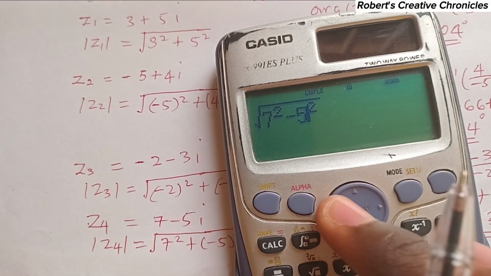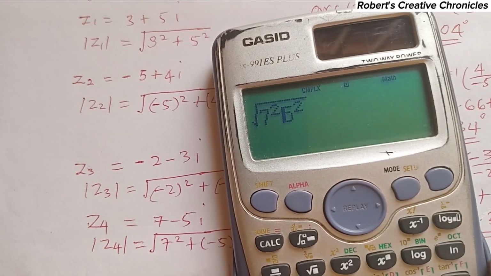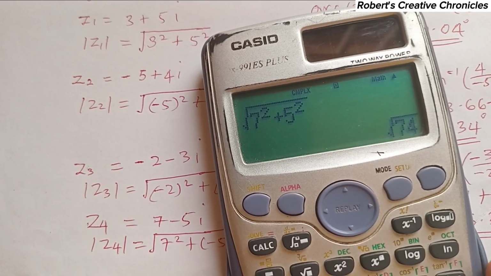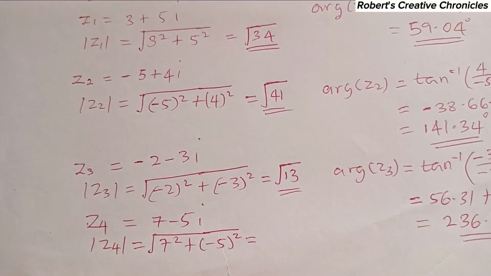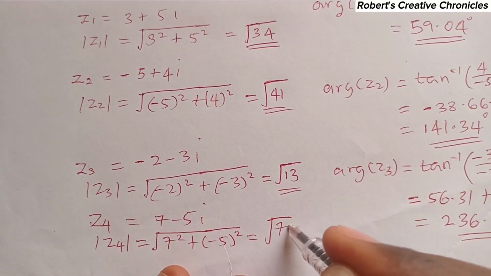Okay, it's positive. So it's root of 74. So here will be root of 74.